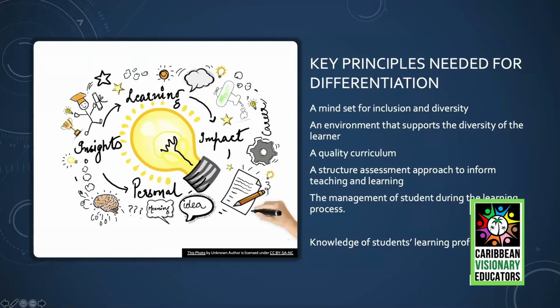And of course, you're managing students' learning during the process. So you must have knowledge of the student's learning profile. So differentiation, in summary, is an approach that the teacher will use to maximize the learning of all students within the asynchronous learning space and the synchronous learning space, regardless of the student's learning status.